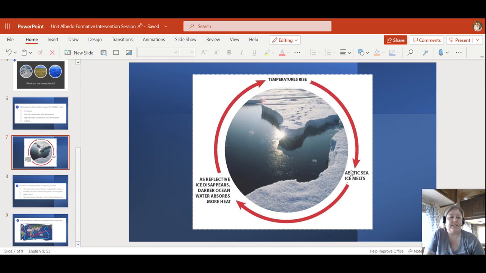As the temperature rises, more ice melts, which means more blue ocean shows, which means it's taking in more solar energy, which causes more ice to melt. And this circle just keeps on going until there's no ice, warming the oceans. It'll just keep going around in circles.